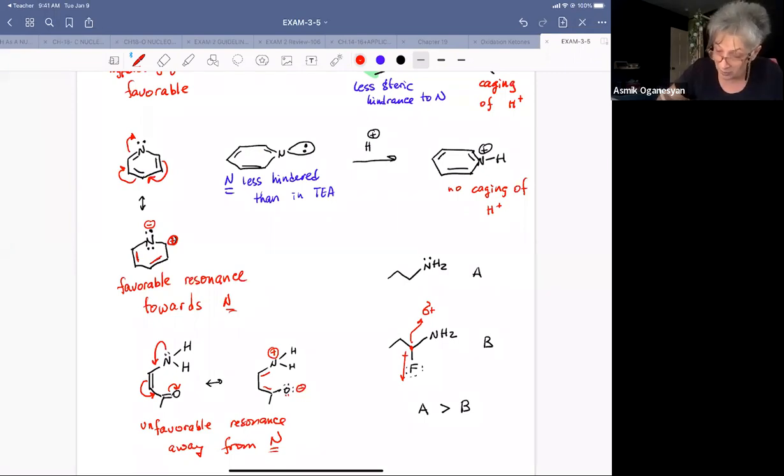As a result, the lone pair of electrons on nitrogen will be pulled temporarily to improve the electron density on that electrophilic carbon. So the inductive effect again will be an unfavorable inductive effect.